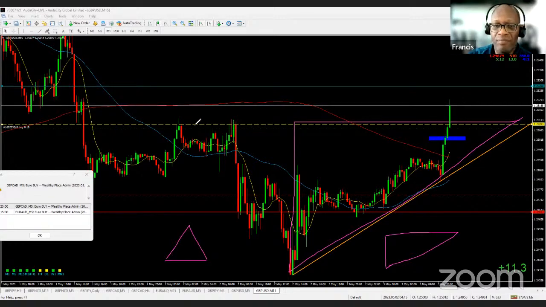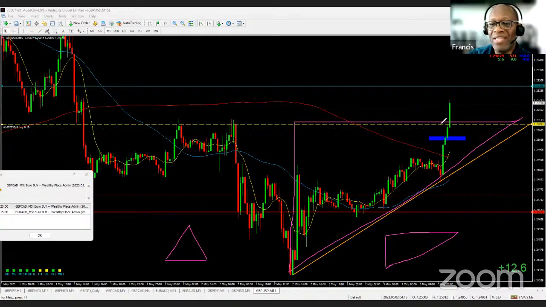It has now broken that resistance, which is this side of the triangle. For those who can remember the different types of triangles, maybe you can remind us. I'm not quite sure if this is an isosceles triangle or whatever it is, but that side has been broken.